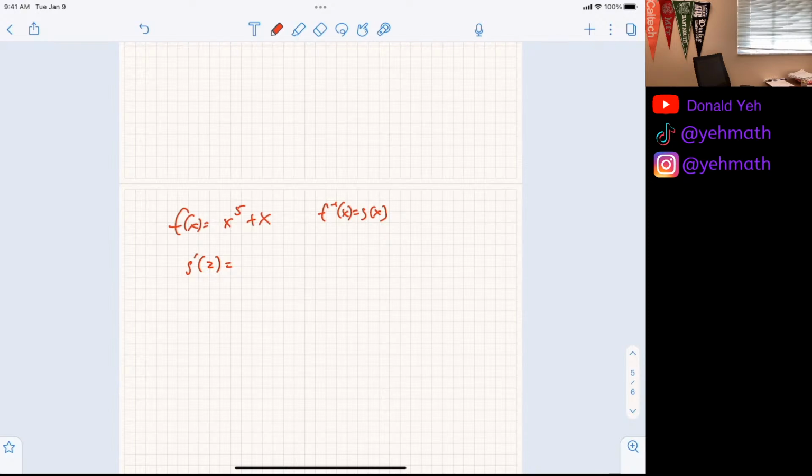What? You can't find the inverse function.